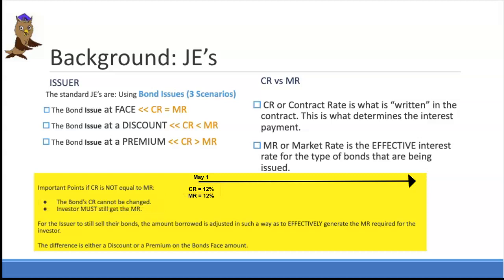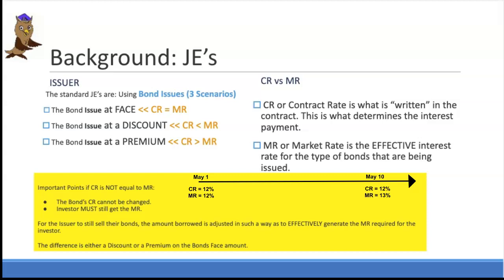Now, assume that these bonds are eventually ready to be issued or sold by, say, May 10th. But by May 10, the market rate for this type of bond has changed to, say, 13%. Yet the issuer still wants to sell these bonds.